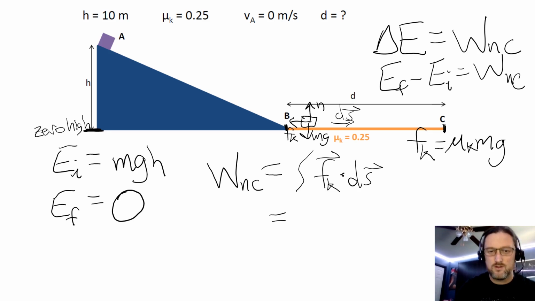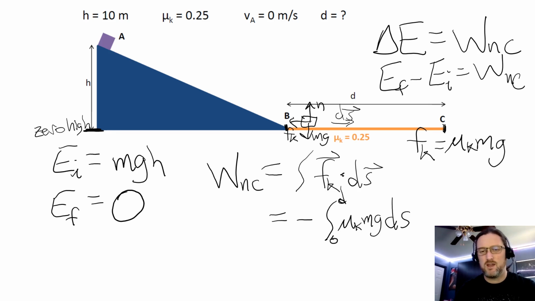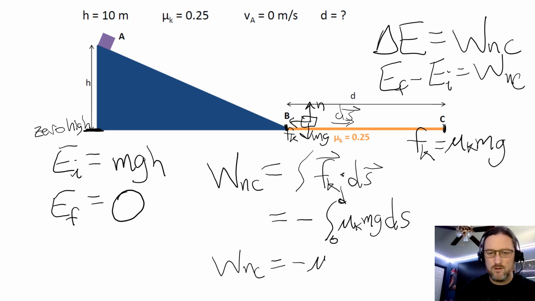So I just go minus integral mu k mg ds. I plug everything in. And then, I go from 0 to d, distance d, right? Mu k times m times g, that's all a constant, it comes out. I end up with the work done by non-conservative forces as minus mu k m g d.